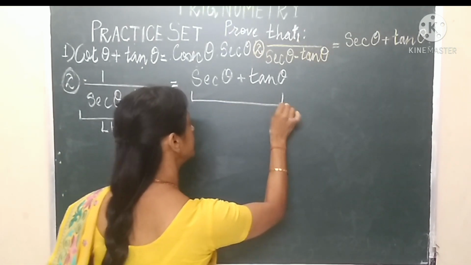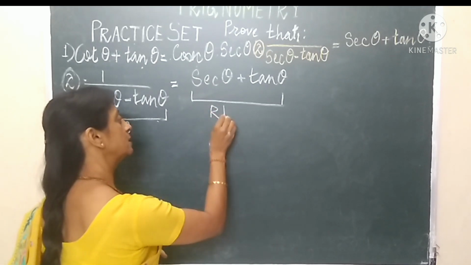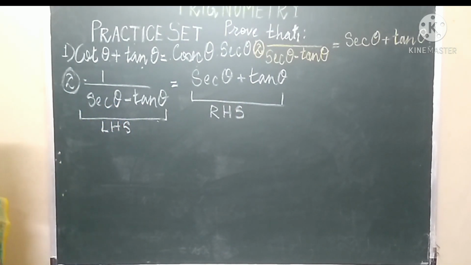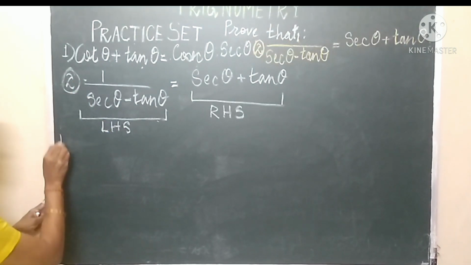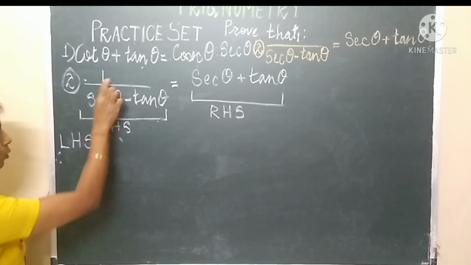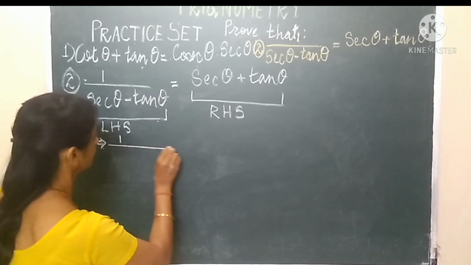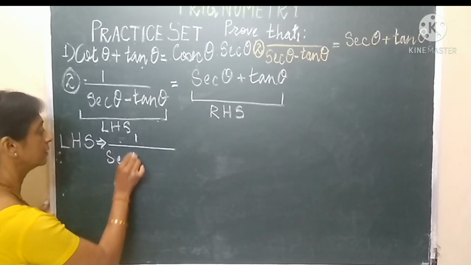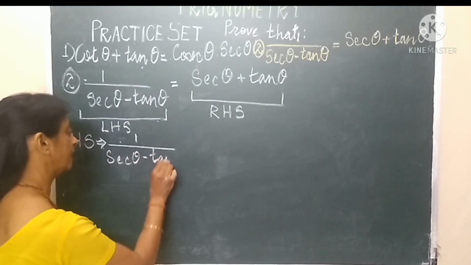The expression sec theta plus tan theta is the expression on your right hand side. Let's begin with the left hand side. So let's pen it down. 1 upon sec theta minus tan theta.